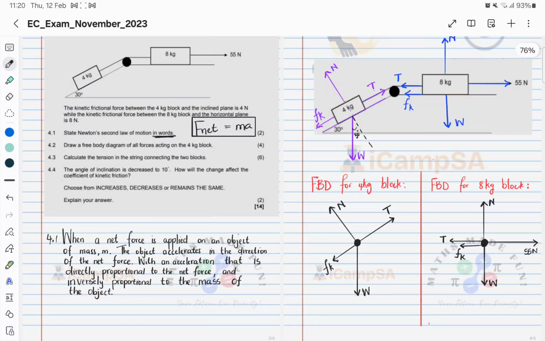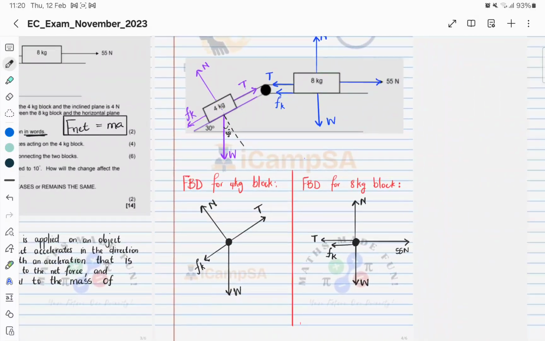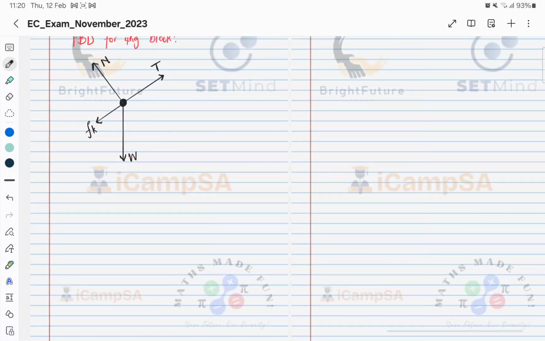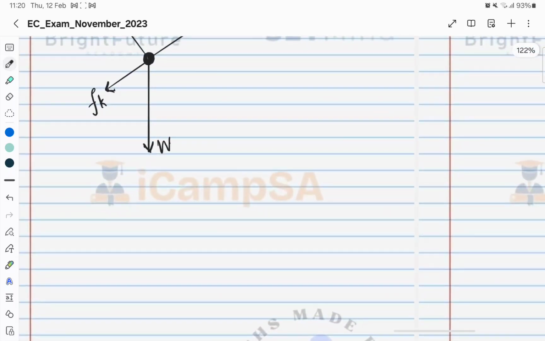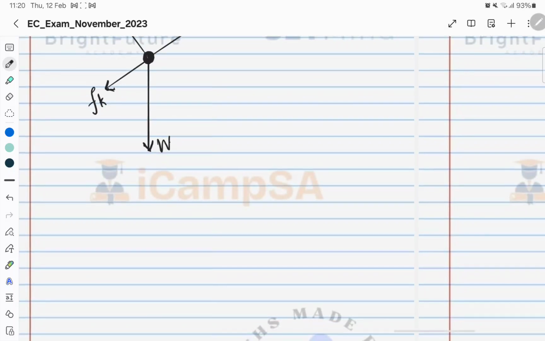Right, so now let's start with the free body diagram for the 4 kilogram block. We already have these, so I won't redraw them. I'll just say 4.3, then 4 for the 4 kilogram block.